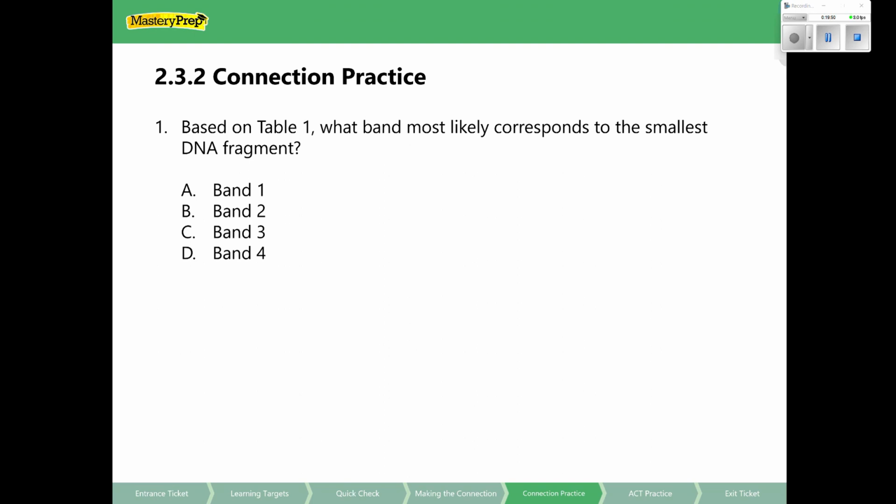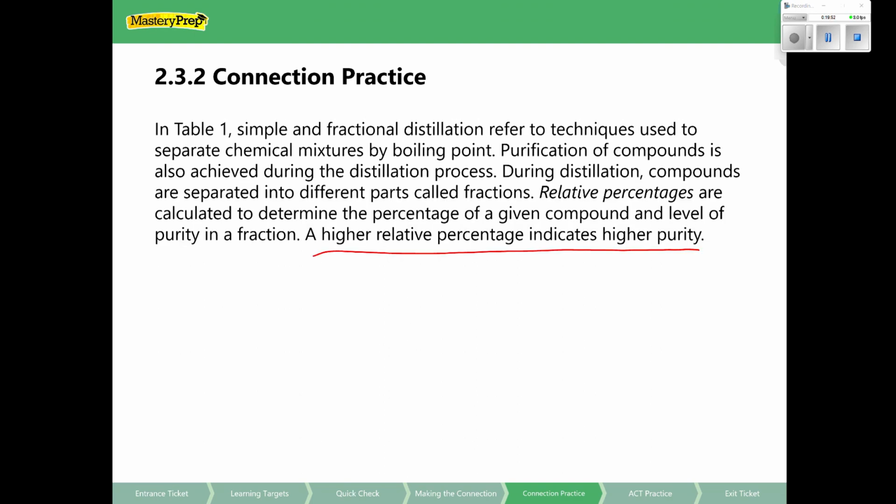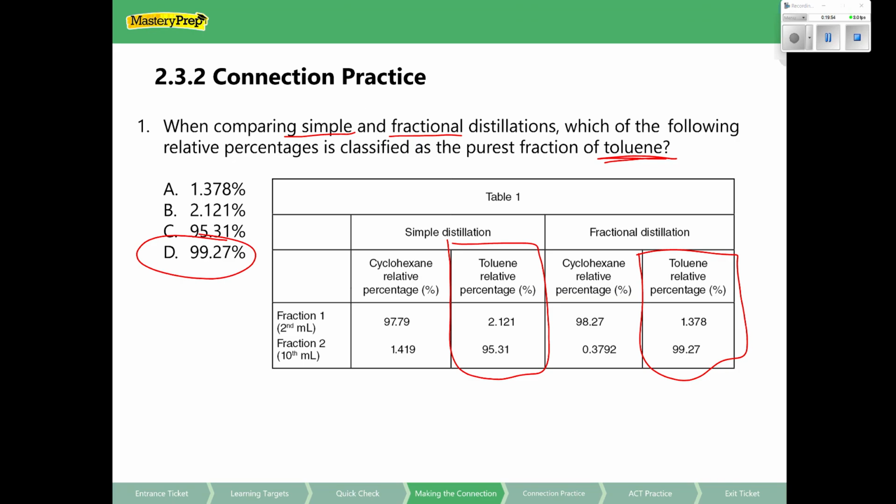Now, I'm going to look back at this just for a minute. Does anybody know how to pronounce that? I can't even read that one. Cyclo. Do y'all know what that is? Cyclohexane.